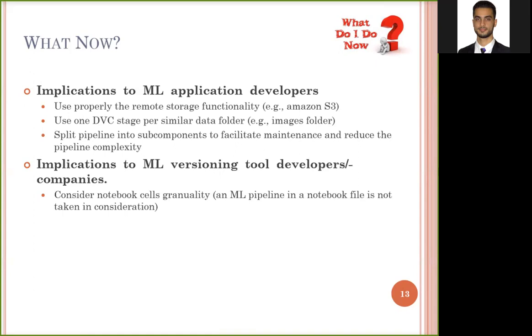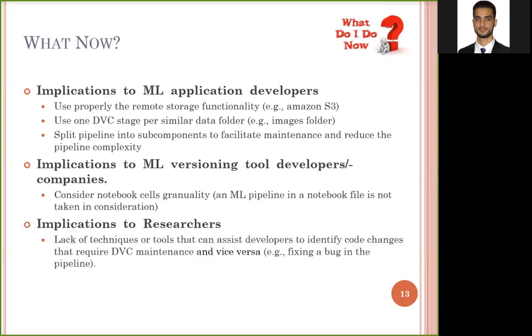For example, one notebook can contain different stages of the pipeline. It can even include the whole pipeline in one notebook, and the current version of DVC is not handling the different cells inside the notebook. So it is something for future work and advice to developers.